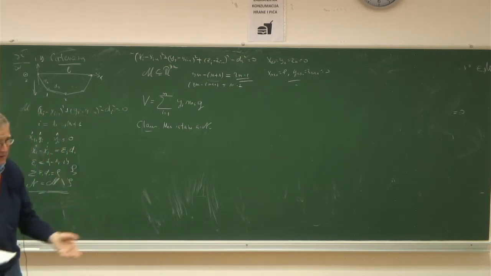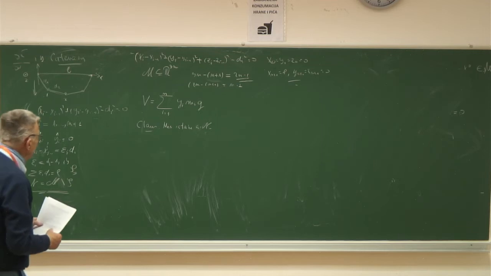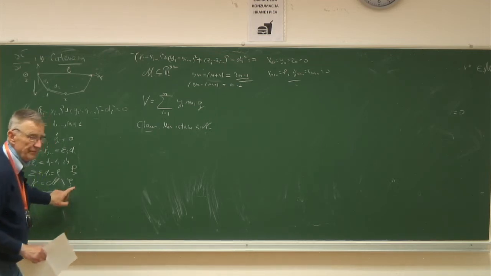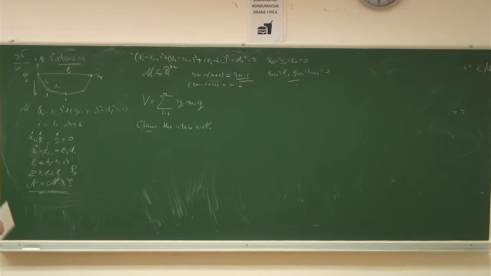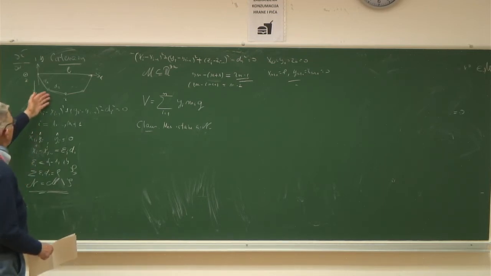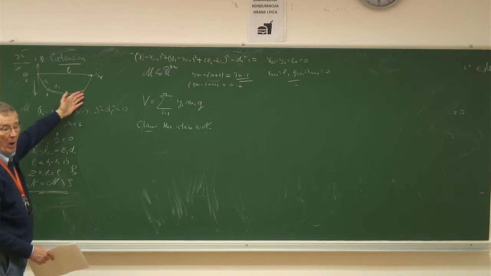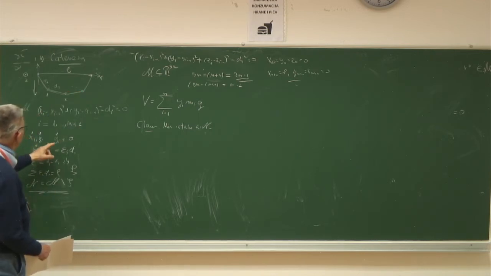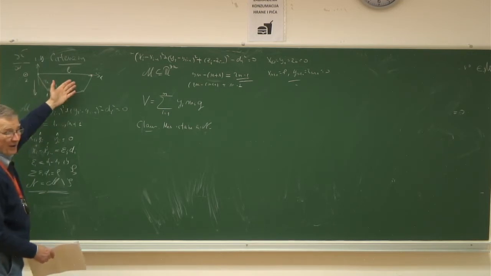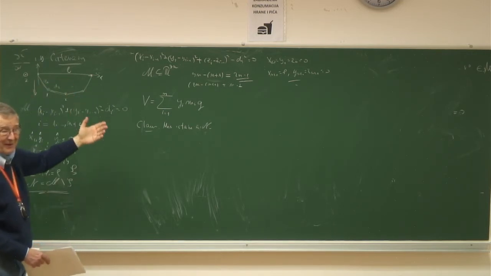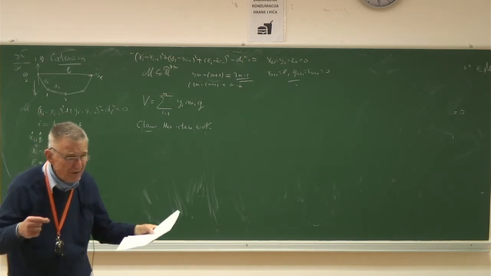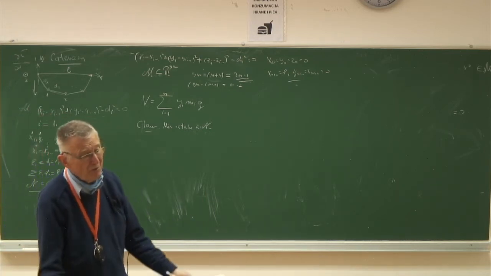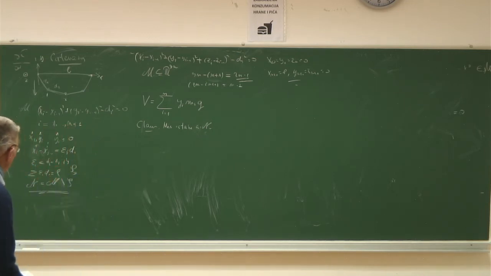So the function takes its minimum there. But the minimum cannot be taken at S. Why? Because we certainly have a certain configuration which lies below, and then V is negative there. But on S, all y's are equal to 0. So the potential energy on the singular set is 0, and down there it's negative. So the minimum cannot be taken on the set of singular points.